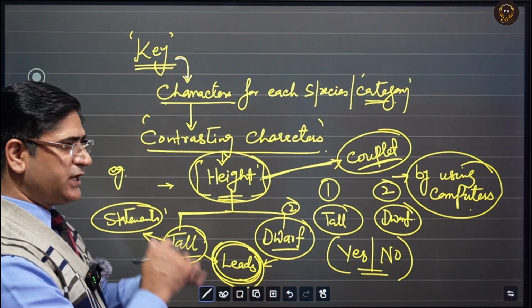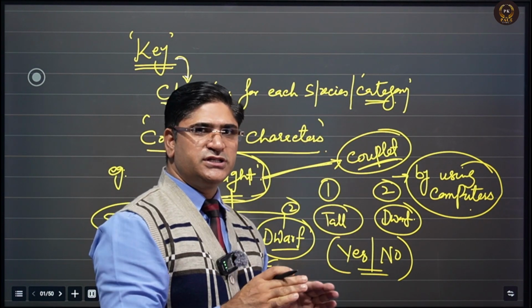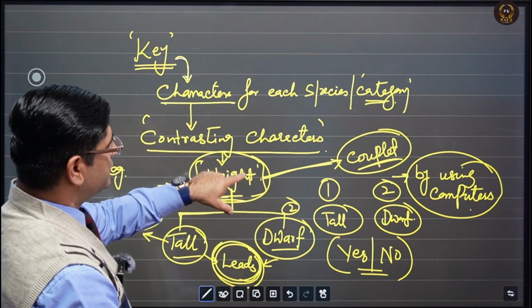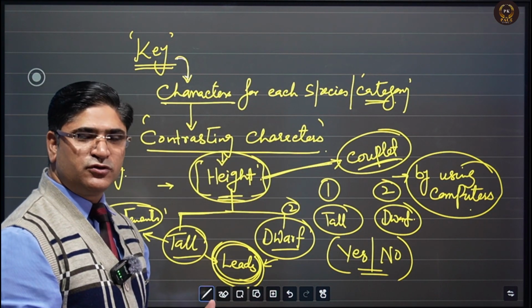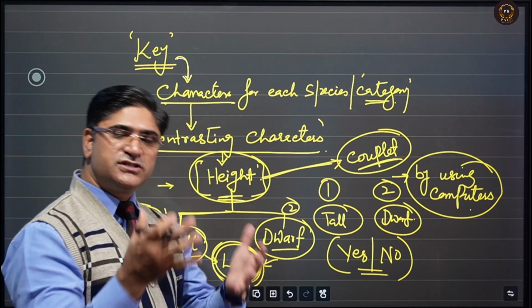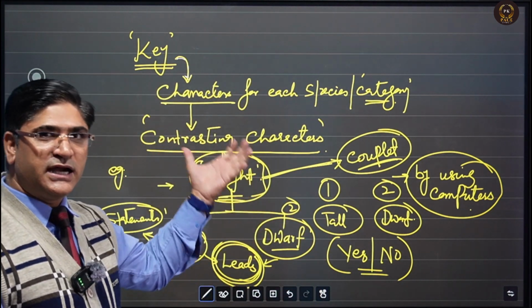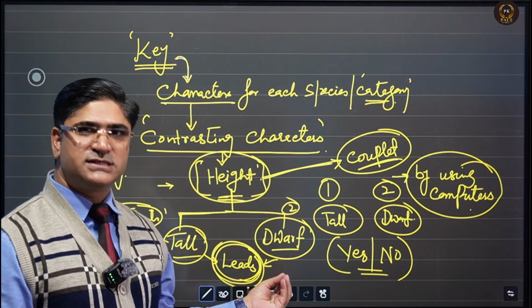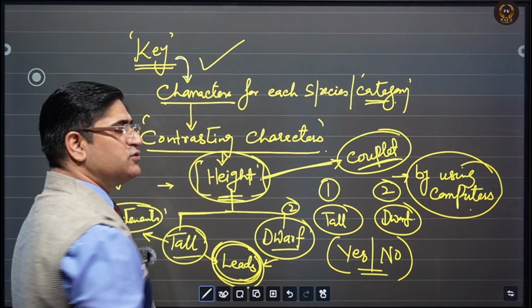Then we give the command to the computer that there are 100 species, and based on the height, more than 100 species are differentiated at a time. So it gives a classification system more convenience. This new tool which helps taxonomical studies become more convenient is known as the key.